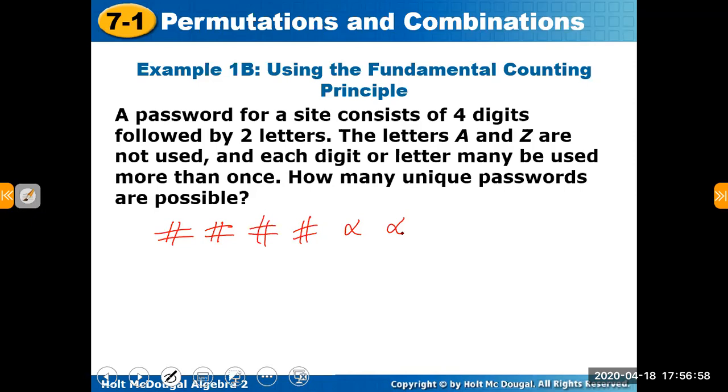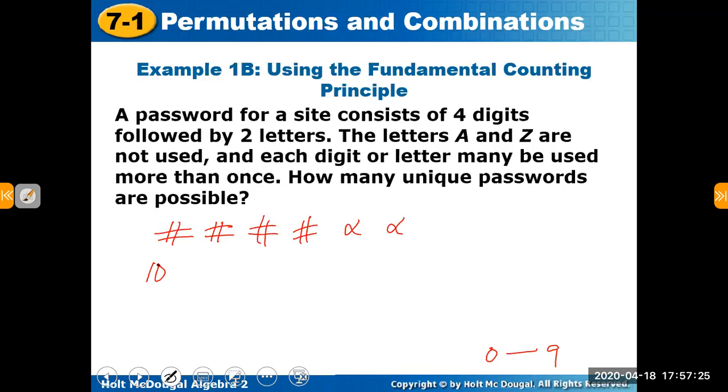Now, when I say digits, how many choices or how many options do I have? So digits start from 0 till 9. There are 10 digits.